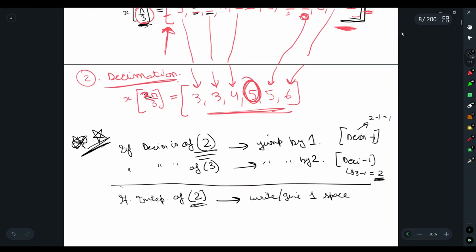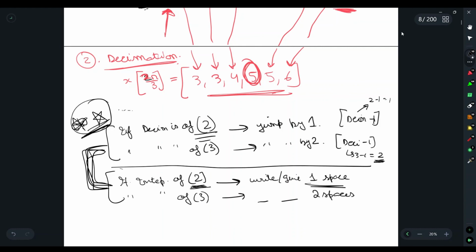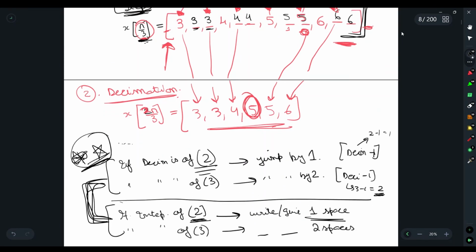If we have to interpolate by 2, then we will give one space, and if we have to interpolate by 3, then we will be giving 2 spaces. Similar concept is there as for decimation, but just the things we have to perform are different. So these are the 2 things we have to keep in mind, and please make a note of this. These are very important notes and you should be remembering them and knowing them.